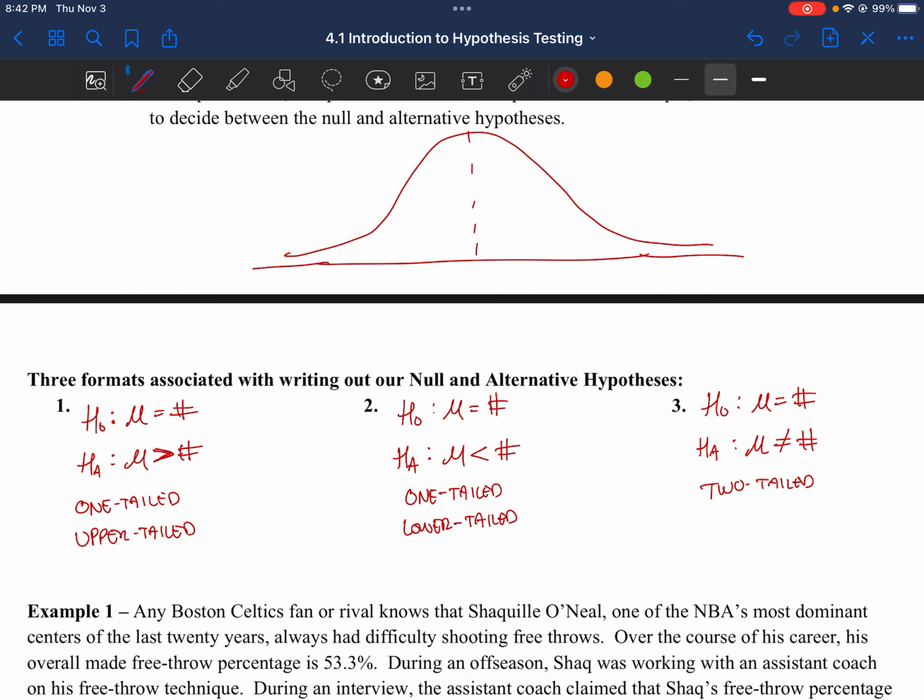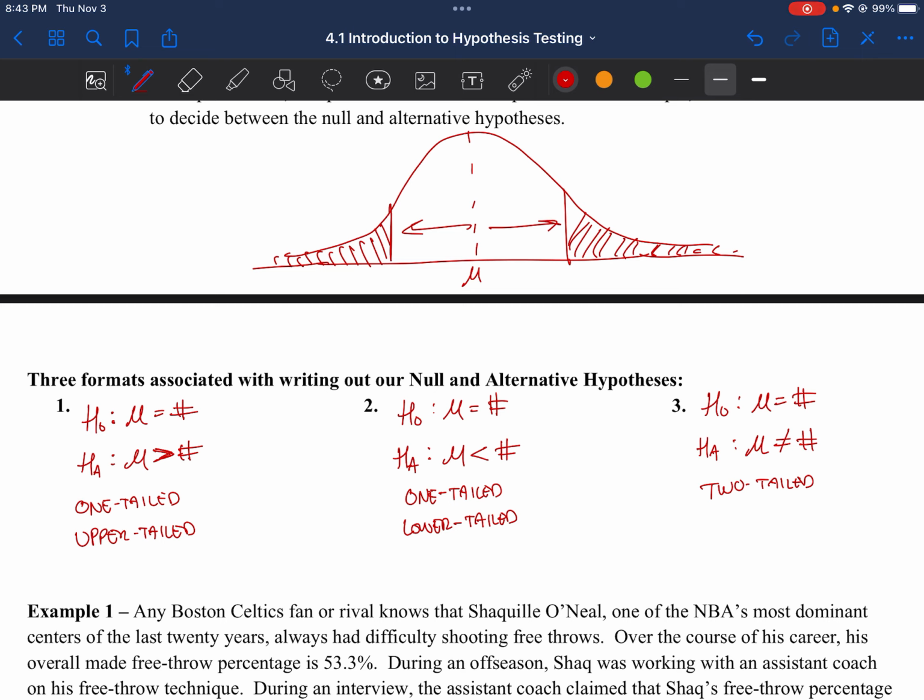We know that the mean is what the historical mean has always been, and we're trying to prove that the mean is actually larger. If it's far enough away on the right side, this is one-tailed to the right. If it's far enough away, lower than the mean, this is a lower-tailed hypothesis test. And if I just want it to be a certain distance away from the mean in either direction, that's my two-tailed.